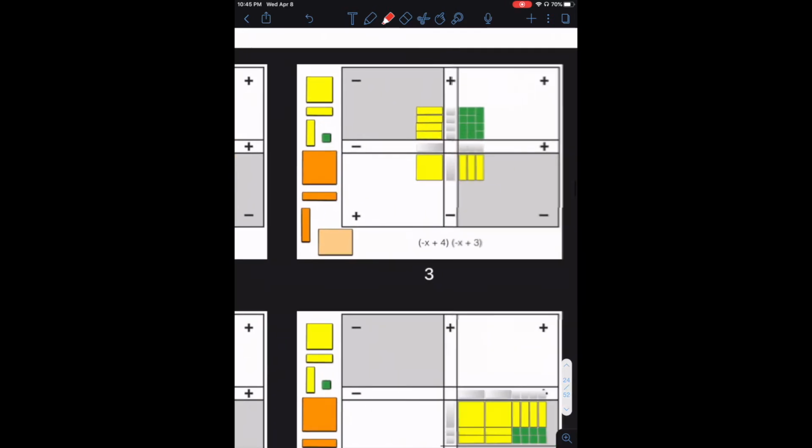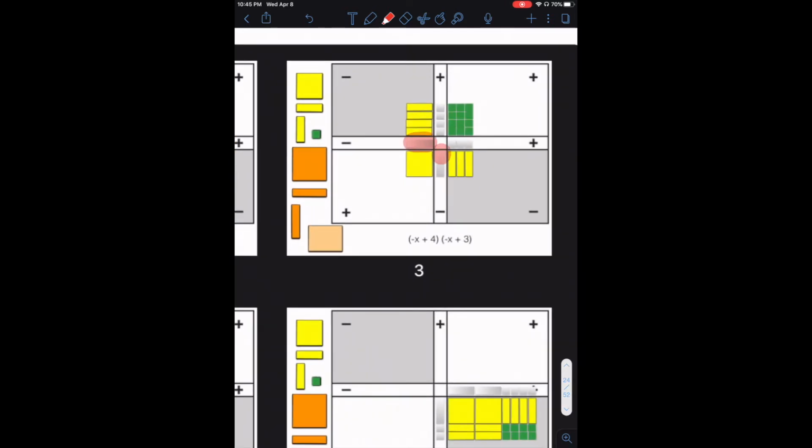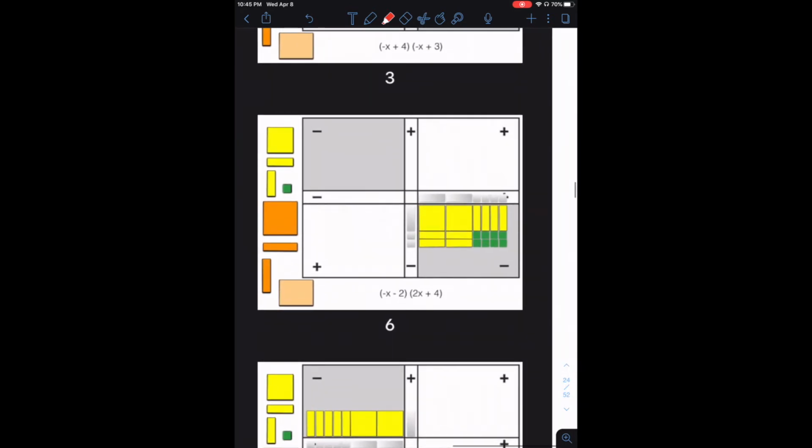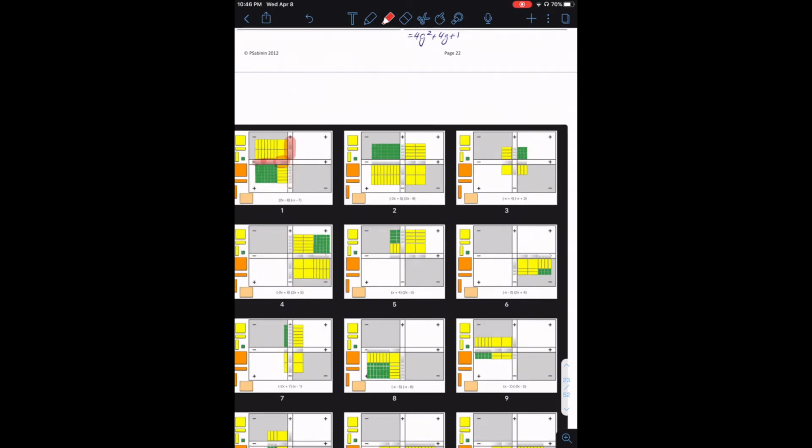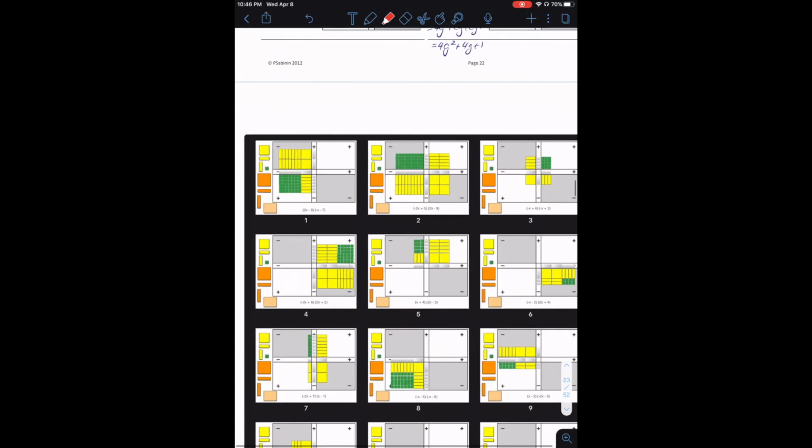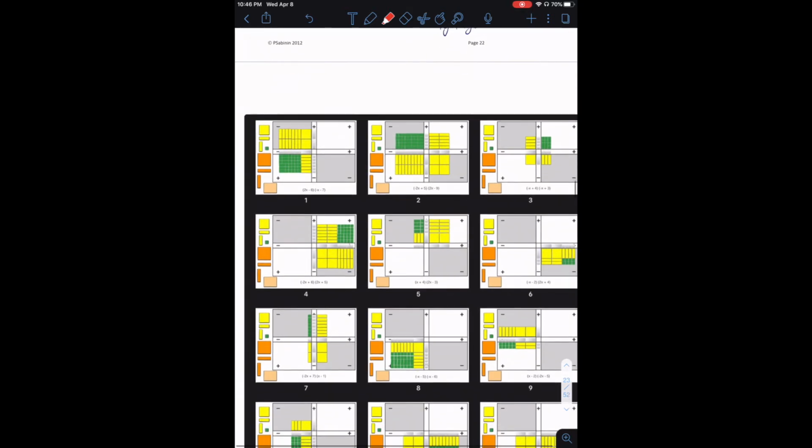So here, for example, rods and rods. Well, the ones were the opposite sign, but you can see here rods, units, rods, units. This is what I'm doing consistently throughout all of these, so we can look for patterns, assuming that that's the form of the factor that we were using.